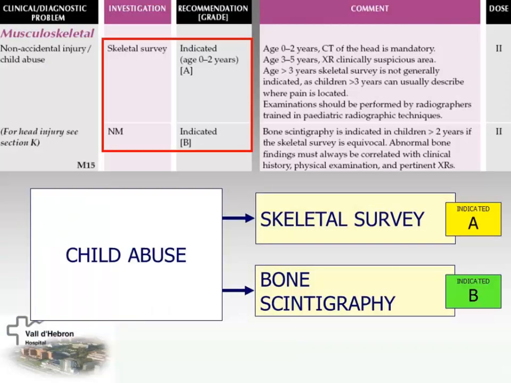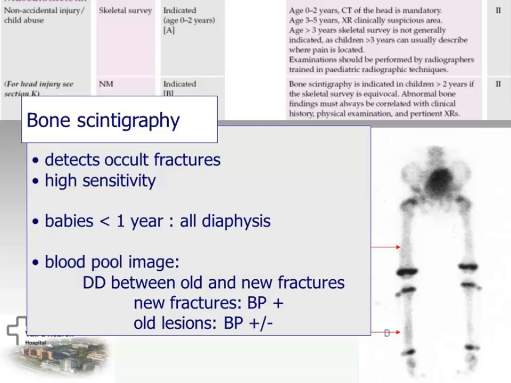And for example, for child abuse, the two tests to apply are the skeletal survey in radiology or the bone scan, okay, with different levels of recommendation. And that means that they explain that the bone scintigraphy is useful to detect occult fractures and has a high sensitivity.